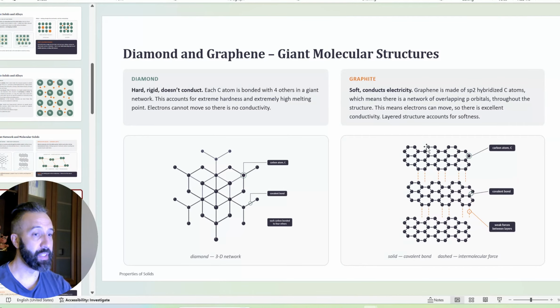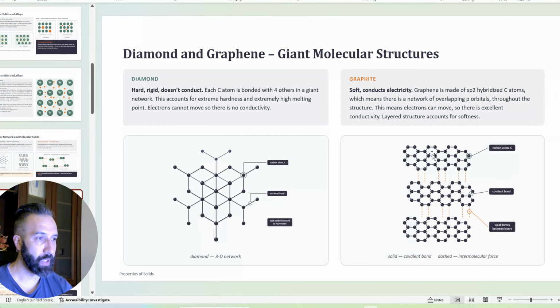Each of these carbons is sp2 hybridized, which means there is a p orbital on each of them, and these p orbitals overlap into a huge pi network. So the electrons can actually move through these layers freely. They're delocalized in a similar way as in metal. It's just a weaker delocalization because p orbitals are much smaller than d orbitals. So the electrons can move through the p orbitals, and graphite can actually conduct electricity.